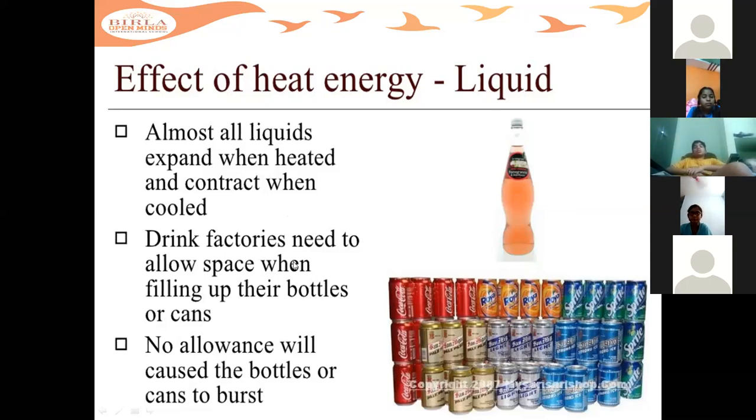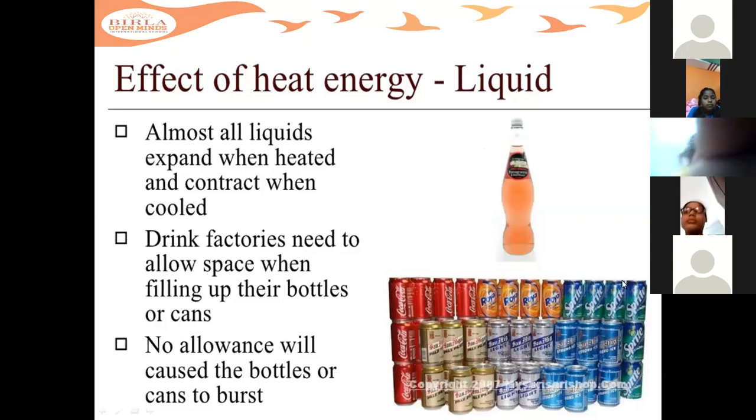So during this heat, what happens to these bottles? When they are heated, they get expanded. And when they are cool, even in the case of liquids, they get contracted. So when they are heated up, there are chances of breaking the cap and the liquid may come out.